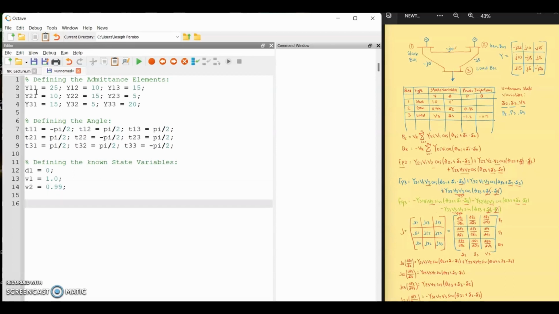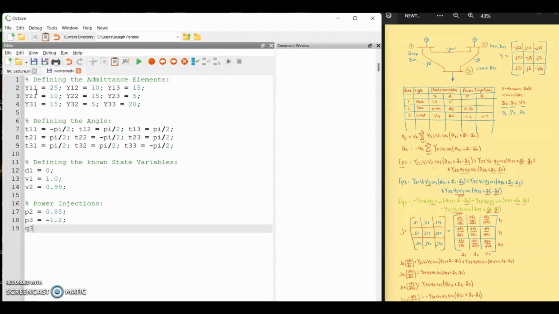Next we will define the power injections. P2 is equal to 0.85. P3 is equal to negative 1.2.